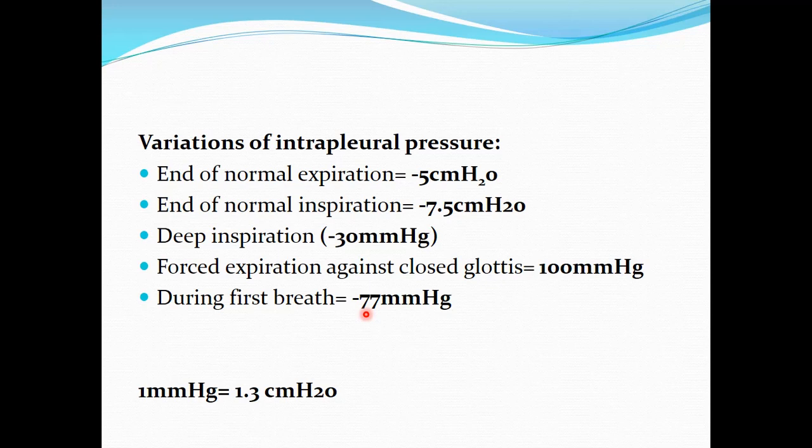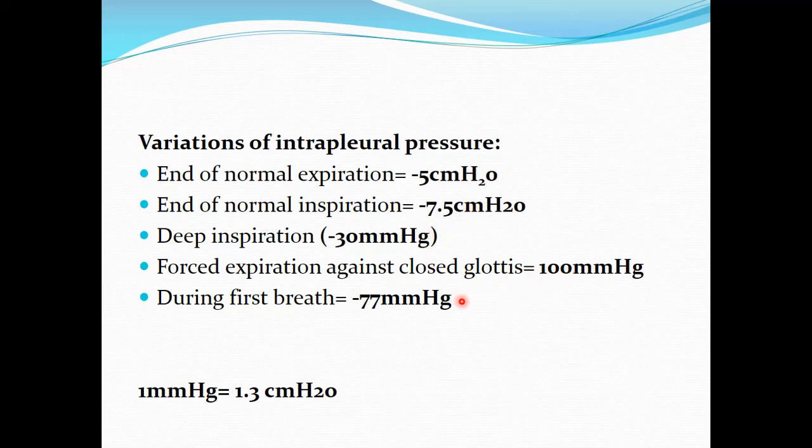Now the pressure in the lungs can be described in two units. Either they can be described in centimeters of water, or in millimeter of mercury. As you can see, at a few points the values are in centimeters of water, while at other points they are in millimeter of mercury.